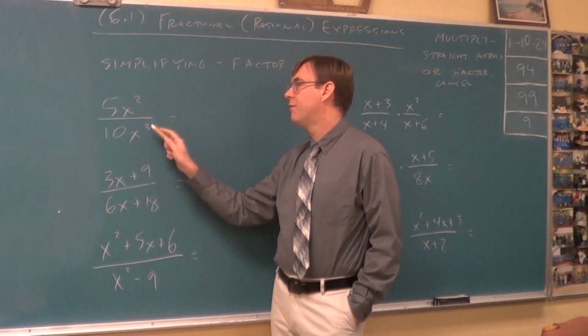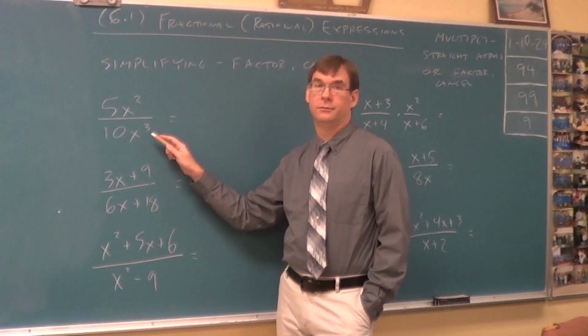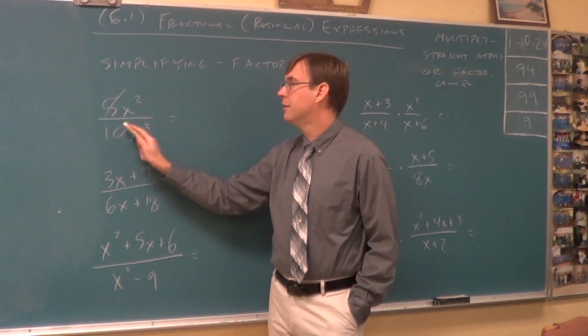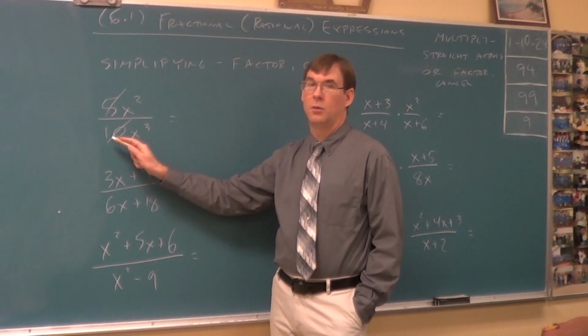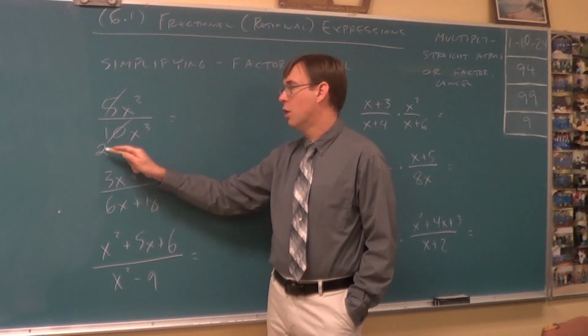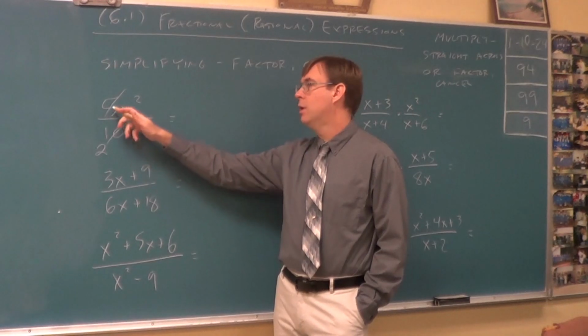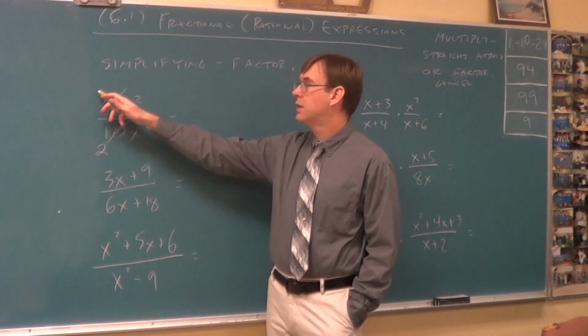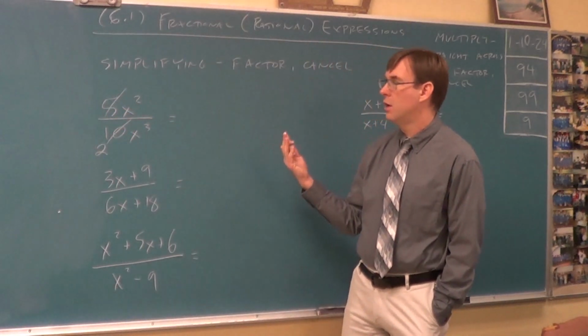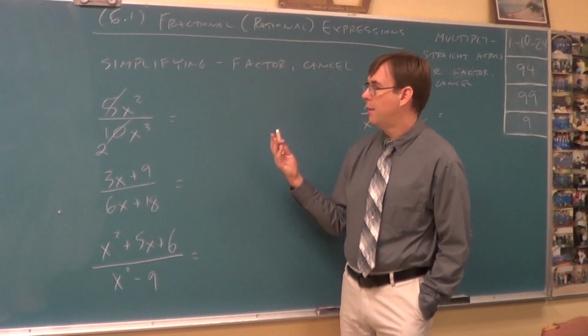So what would be a pair of things here that you could cancel? 5 and 10. If you cancel 5 and 10, you'd have to leave a 1 and a 2. For sure you have to leave the 2. The 1 would even be debatable, but 5 goes into 10 twice. Absolutely need to leave a 2. Doesn't hurt us to leave a 1, but maybe we don't even need that. Maybe we do. How about the x's?